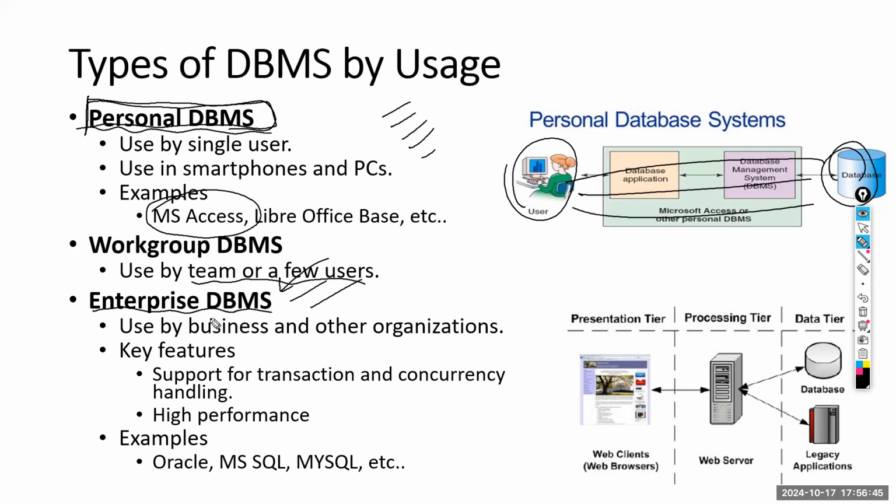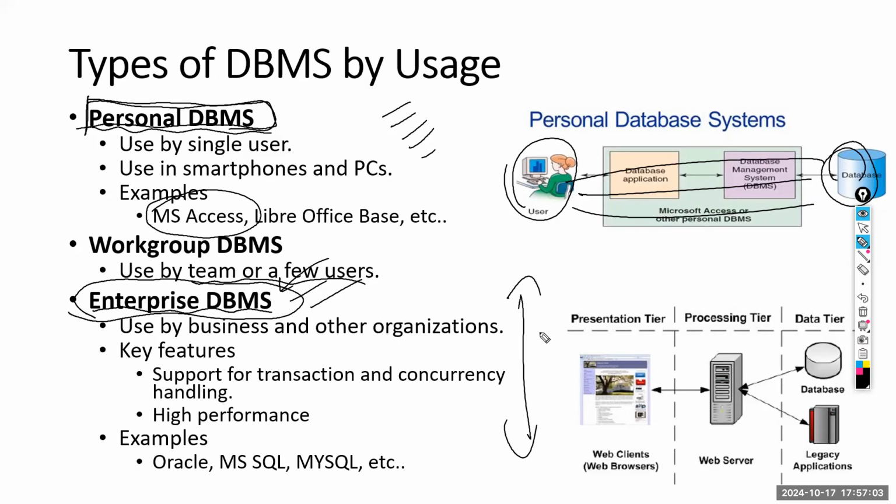Those are the databases we use in a business context. Maybe hundreds of users, maybe thousands of users, even sometimes millions of users. Serious databases. Personal DBMSs, workgroup DBMSs, enterprise DBMSs.